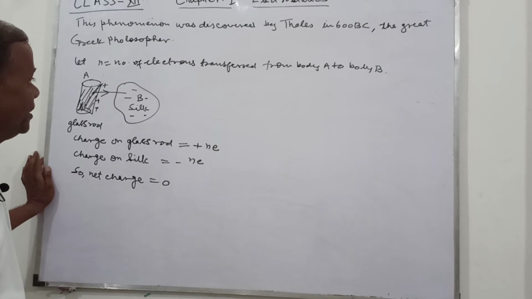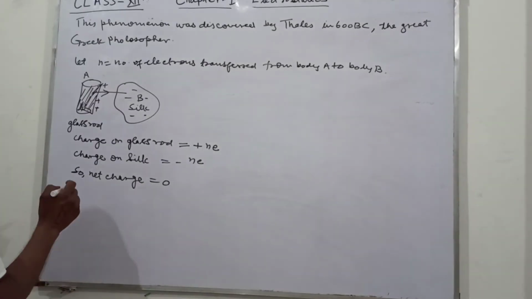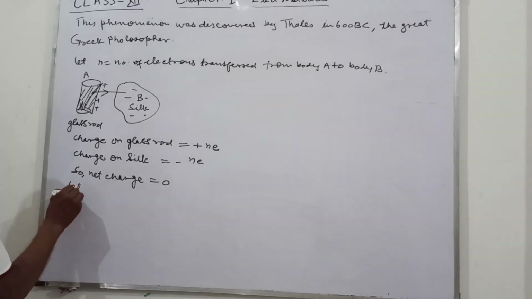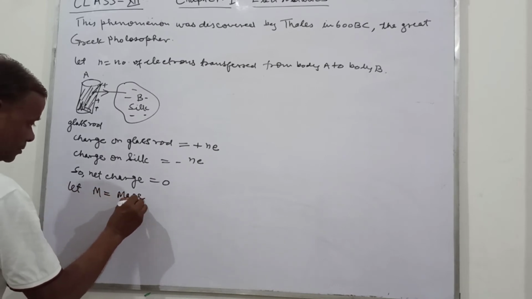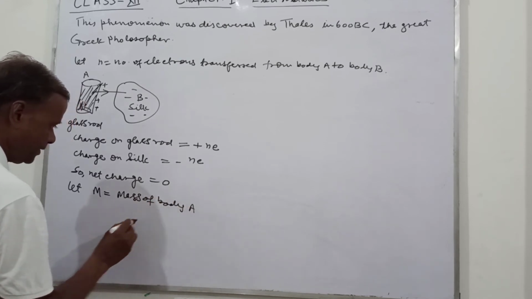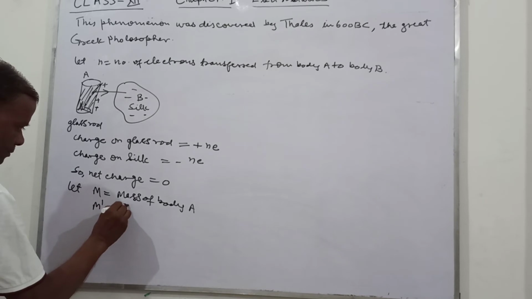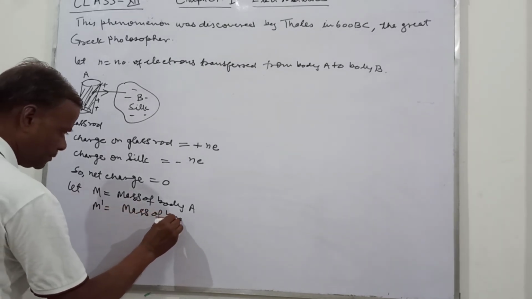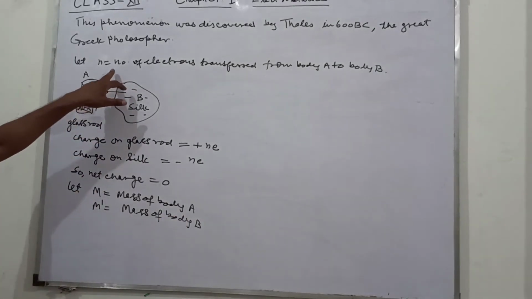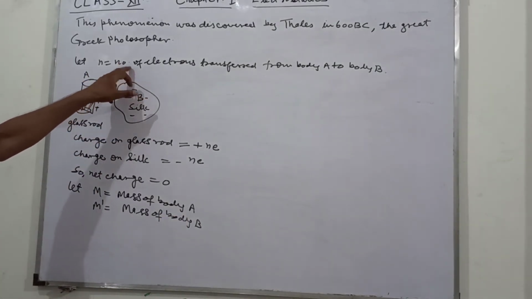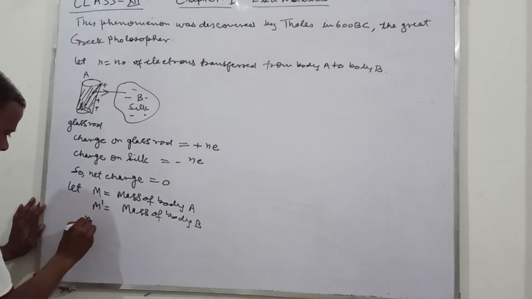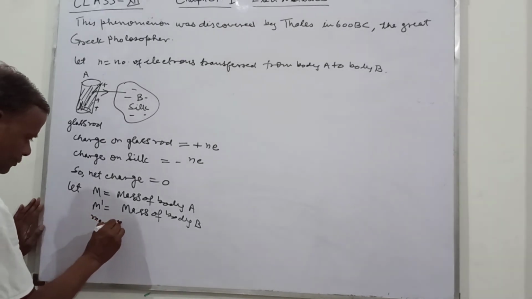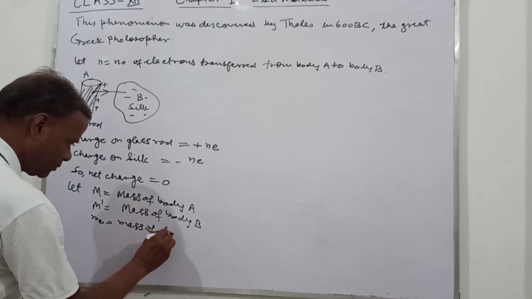Now let us see what will happen to the mass of these bodies. Let M equal the mass of body A and M dash equal the mass of body B. Then n electrons are being transferred. Let me equal the mass of electron.